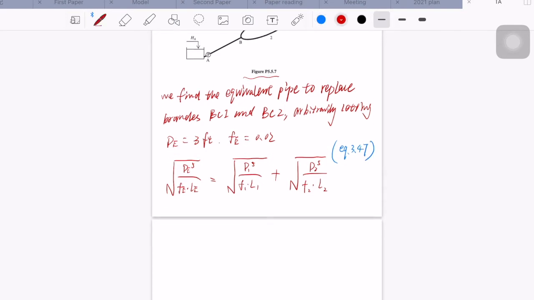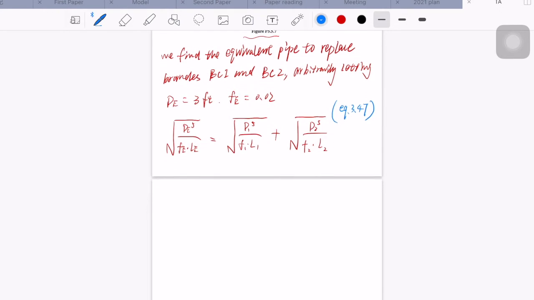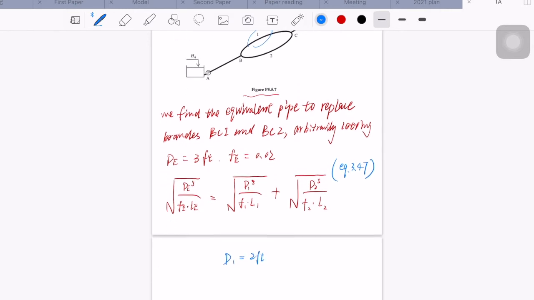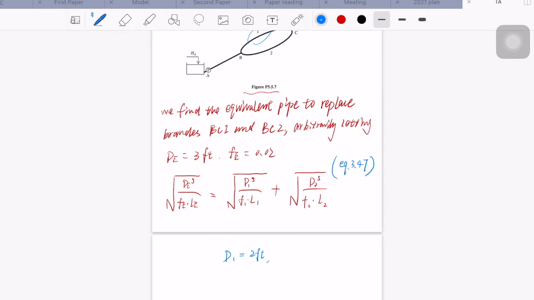And from the problem, we know that the D1 equals 2 feet. The D1 is the diameter of the branch BC1. And the length of the BC1, L1, equals 100 feet. And we know the friction factor for all the pipe equals 0.02.